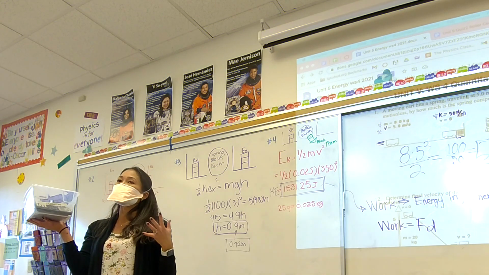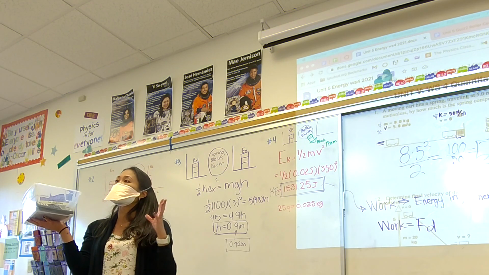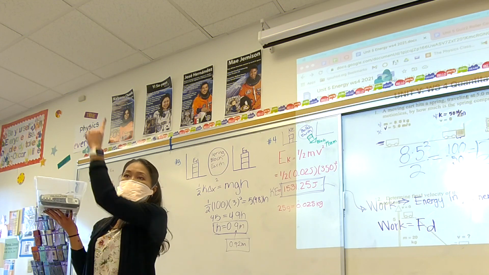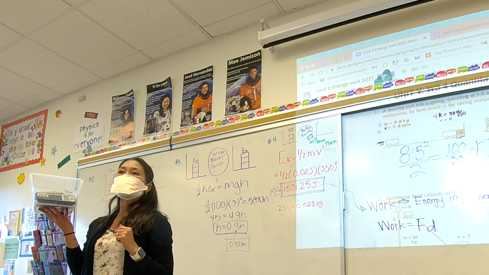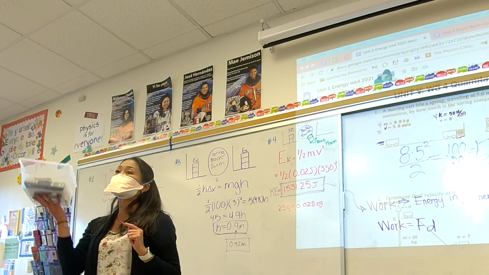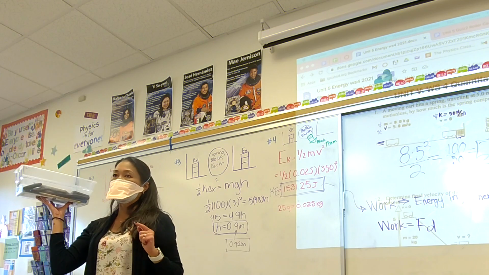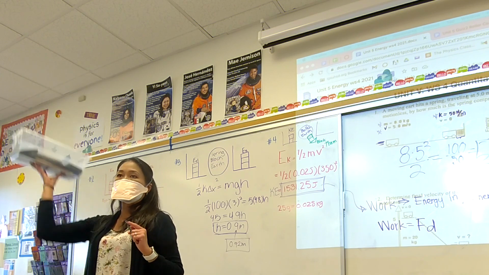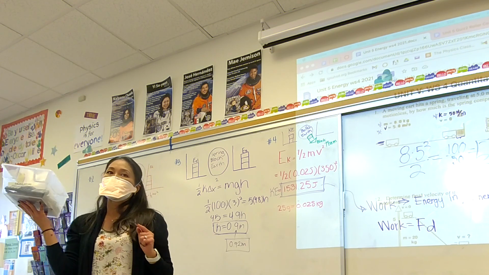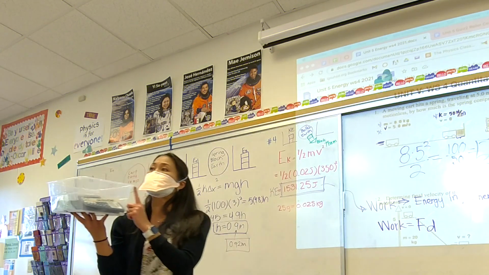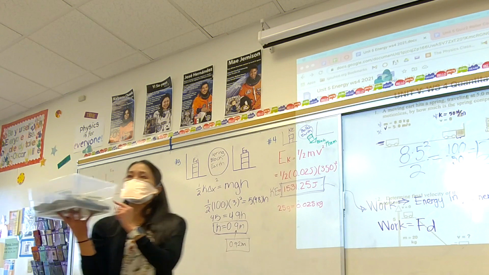So this is the thing about work. If you're exerting a force in one direction, you're only doing work if your force and the distance that it's traveling in are in the same direction. So like a weightlifter, I'm doing work. Now, if I move left and right, my force is perpendicular to the direction the tray is going in.